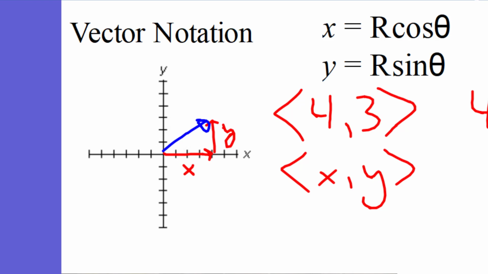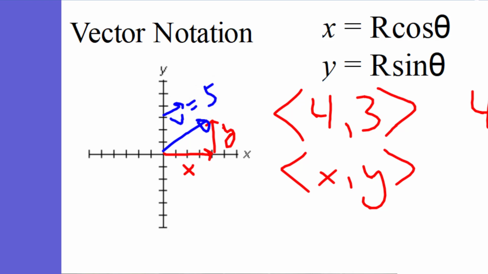Now, how do we figure out the length or the magnitude of that blue vector, that resultant vector? I'm going to call that vector V right here. Well, I'm going to use the Pythagorean theorem. 4 squared plus 3 squared equals V squared, which ends up being 5 if you do the Pythagorean theorem for that.